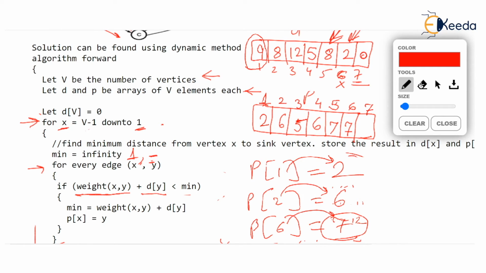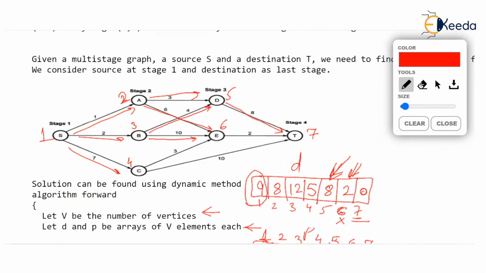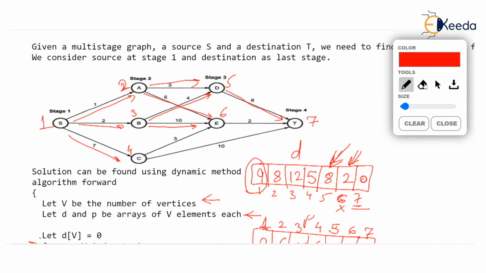And confirm it, 1, 2, 6, 7 is the path which is going to give us the shortest distance, isn't it? I'll redraw this. It is definitely 1, 2, then 6, 7, which is 1 plus 6 plus 2, which is 9.